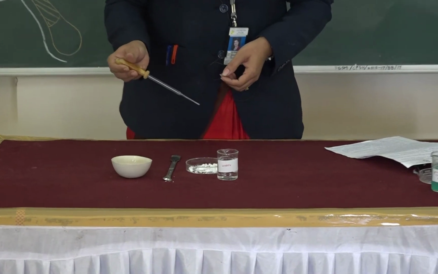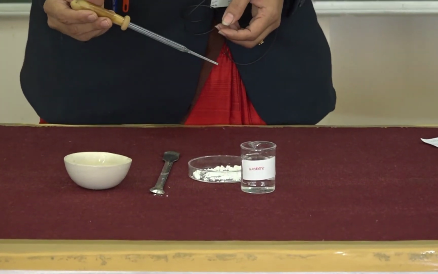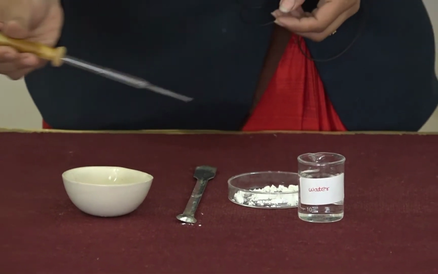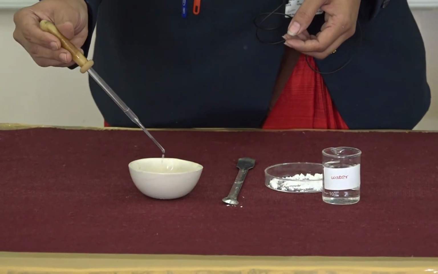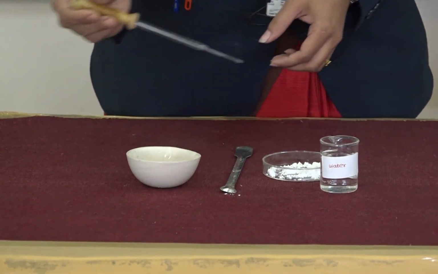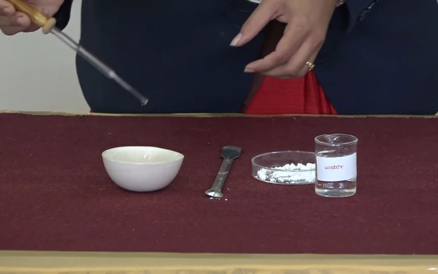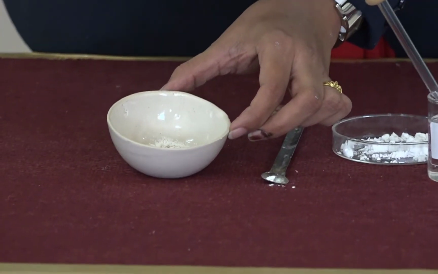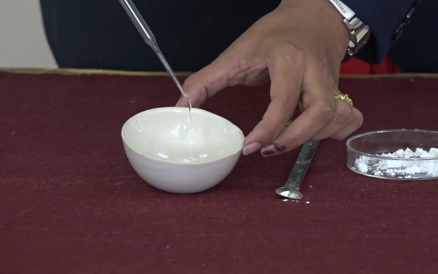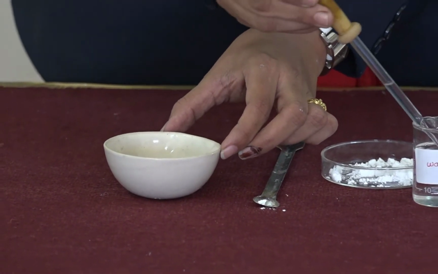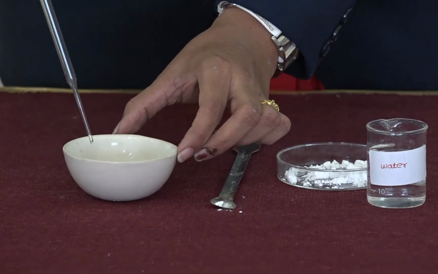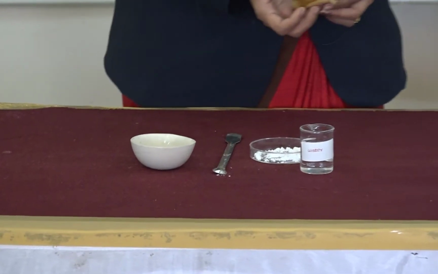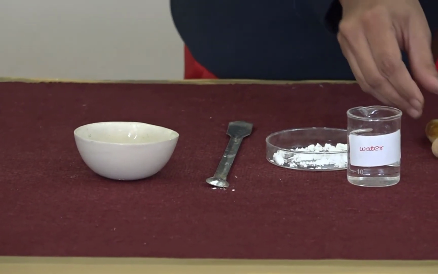Using dropper, sprinkle some water on the slaked lime in dish. You can observe here the hissing sound is produced and the solution becomes hot.